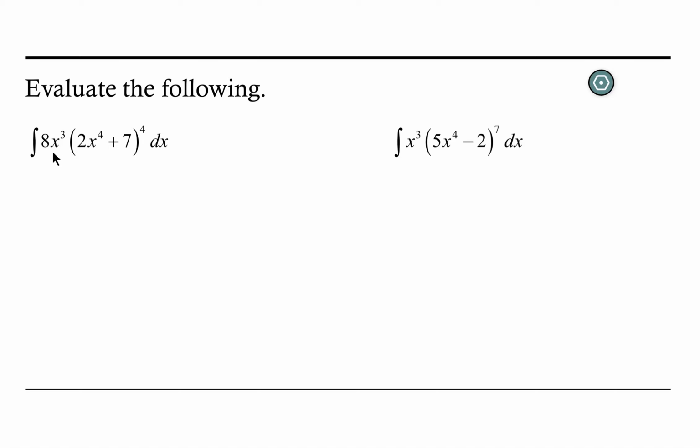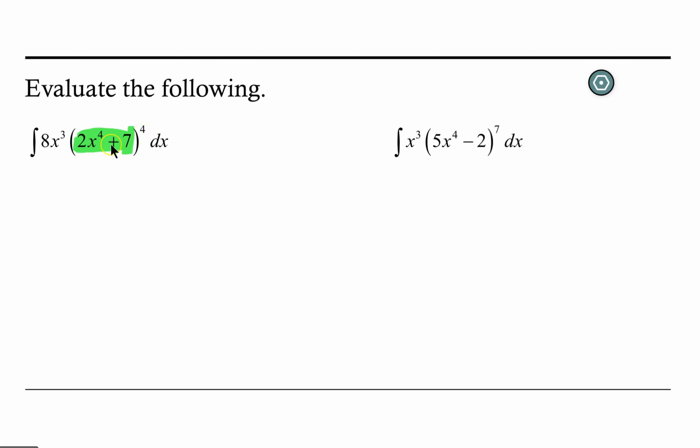So when we do the substitution process, we look for instances of composition of functions. And then, based on those instances, we look for elements of the integrand that might be a derivative of something else. When I look at this integrand, I see 2x to the fourth plus 7 as the argument of a function to the fourth power.